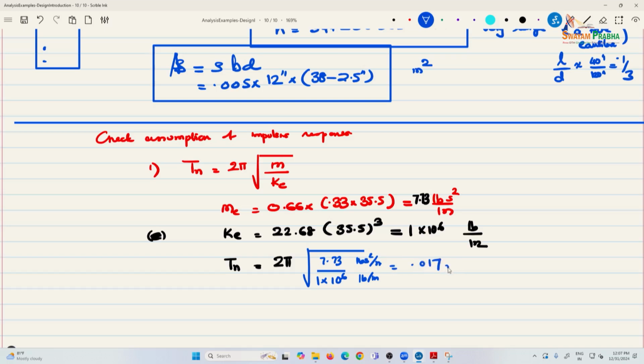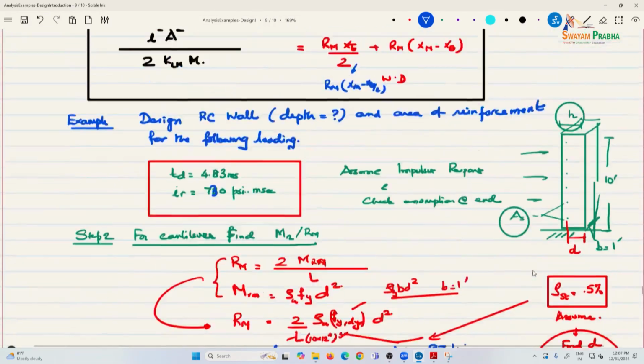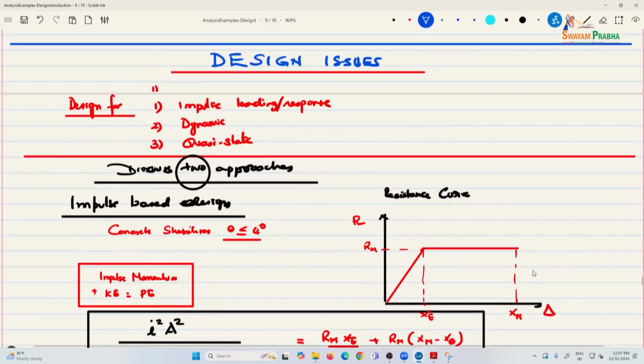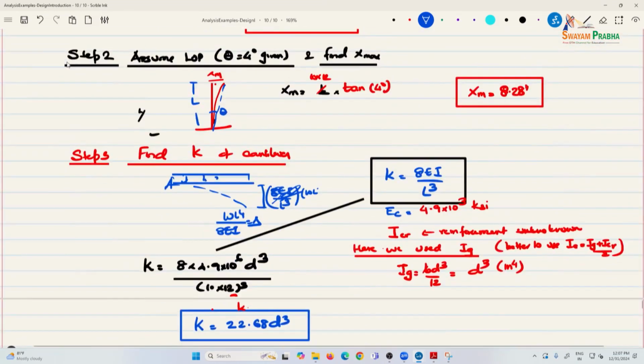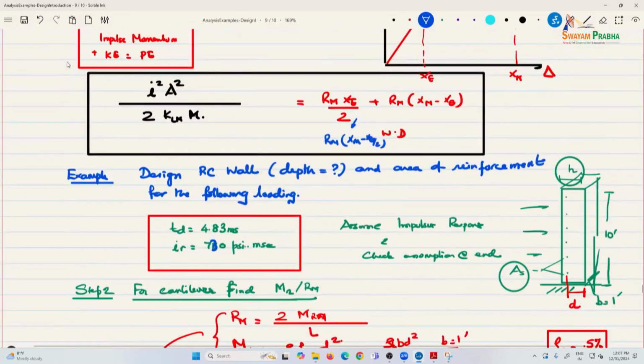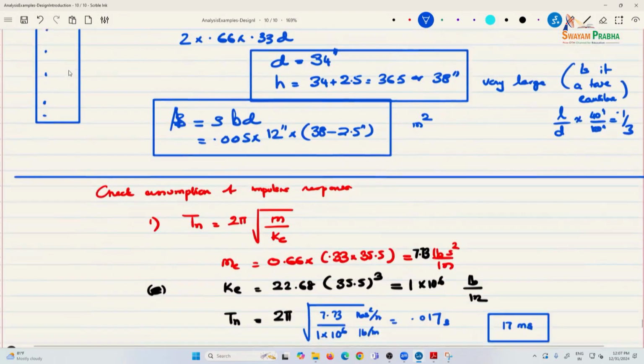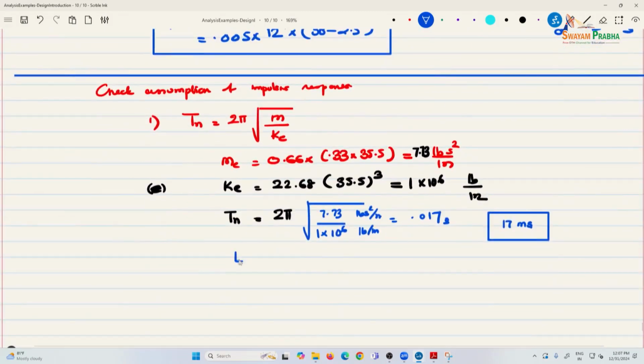Okay, that makes sense. So, 17 milliseconds, and I haven't given TD, I have only given an impulse based. So, P is given, T is how much? Oh, 4.83, okay. So, TD by Tn is 4.83 by 17, 0.3 something or 2.28.